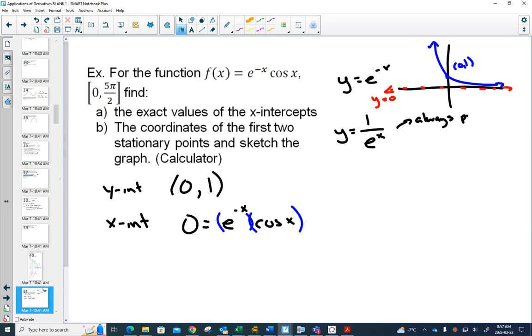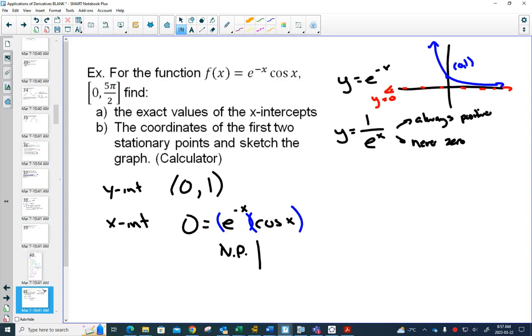From this graph, I can tell it's always positive, which is going to come up later, and never 0. The fact that it's never 0 is going to help us in finding our x-intercepts, because if it's factored, this side is not possible.